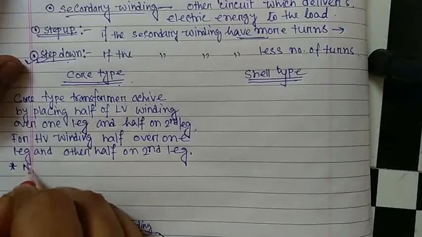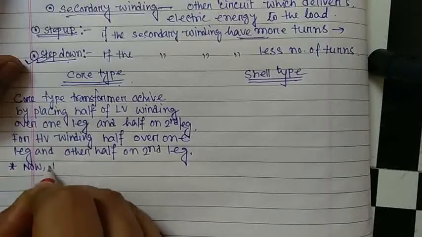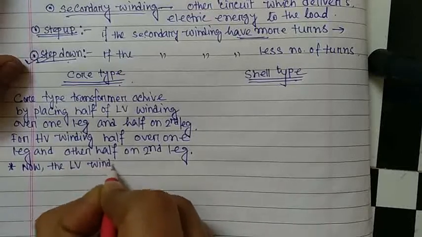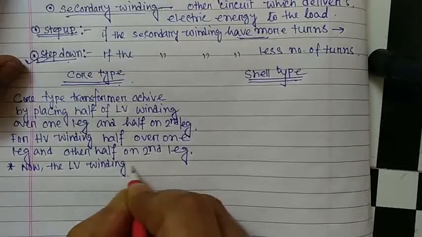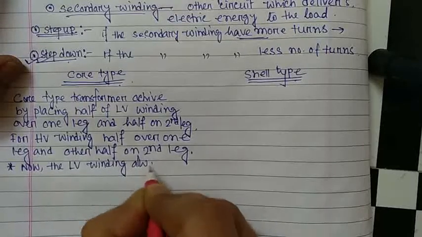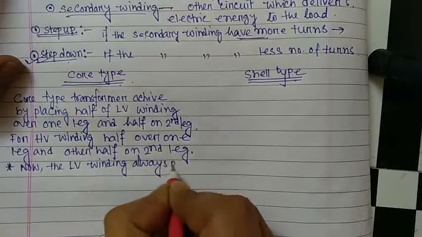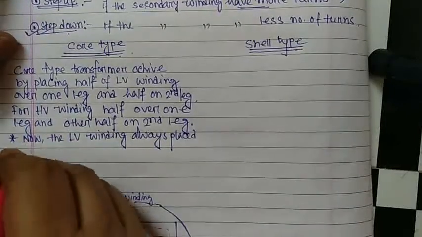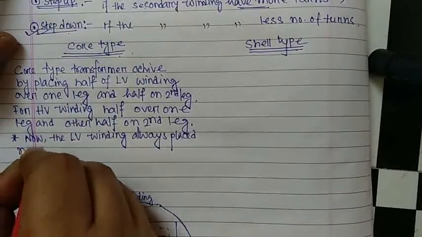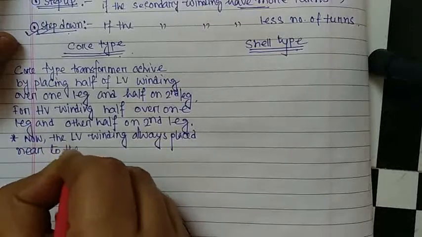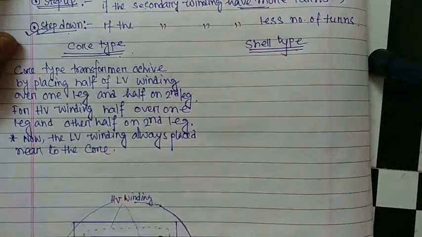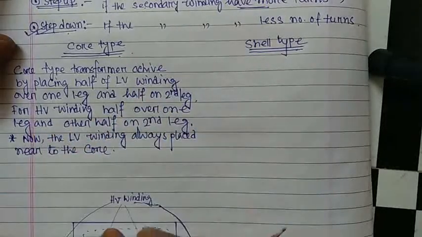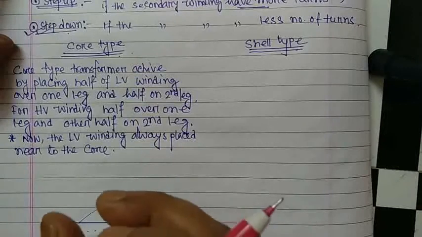Now, the low voltage winding is always placed near to the core. So always remember that the low voltage winding is always near to the core, that means it is adjacent to the core.